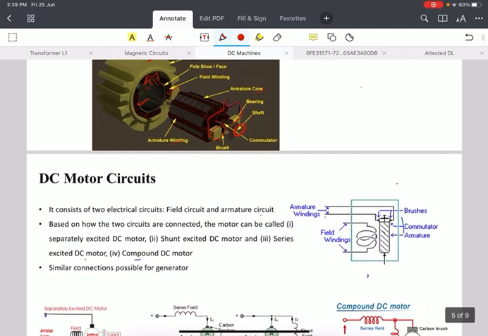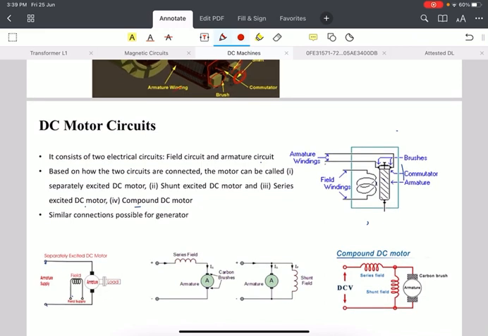The armature and field windings can be connected to separate supplies, or connected to a single supply in series or in parallel. If the armature and field windings are connected to two separate supplies, one supply for the armature and a separate supply for the field, then that type of motor is referred to as a separately excited DC motor.